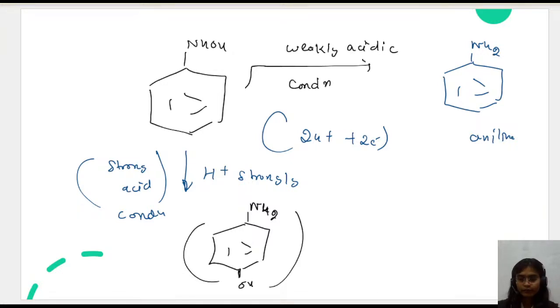If you go with electrolytic reduction of the nitro group, if strong condition, the reaction stops at aniline only. If you're using the strong one, it becomes this one, for that the name. In terms of naming, aniline is more dominant than the phenol.